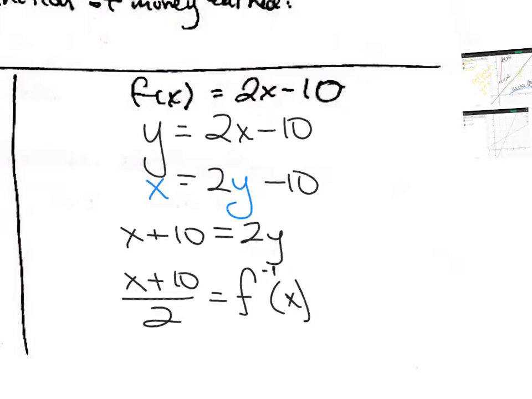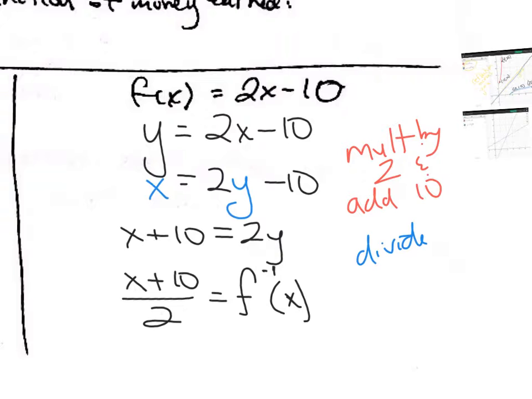And so in terms of the words, our function is multiply by 2 and subtract 10. I'm going to actually write that. So multiply by 2 and subtract 10. So if we were to do the opposite of that, I'm probably going to divide.